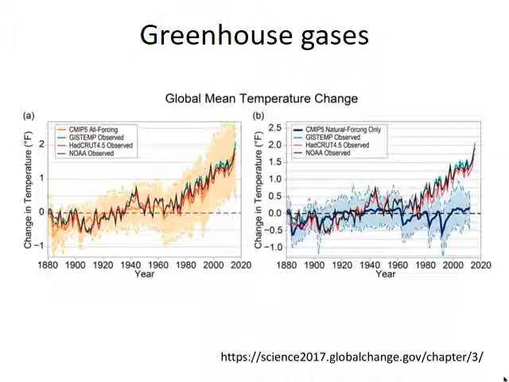And the interesting panel is here on the right side. It shows you the temperature changes predicted by the same CMIP5 models, but in this case, these models see only the natural forcings, so volcanic activity and changes in solar output over time.